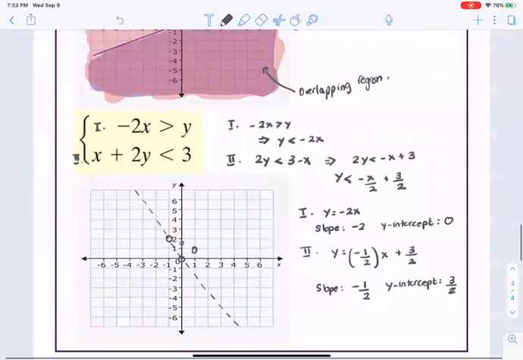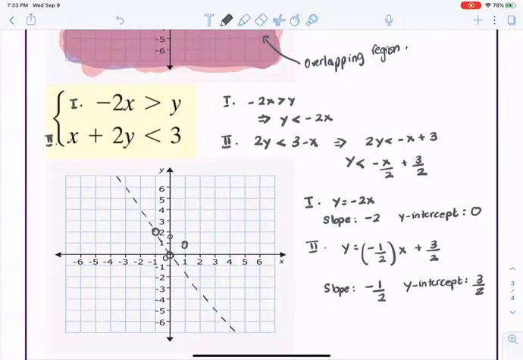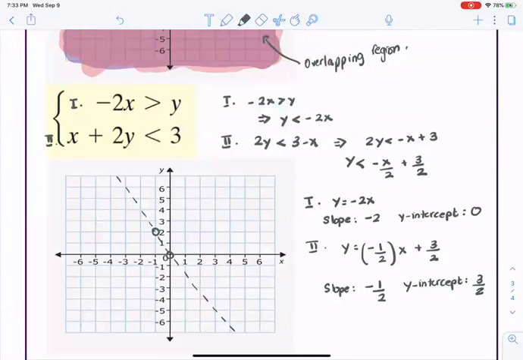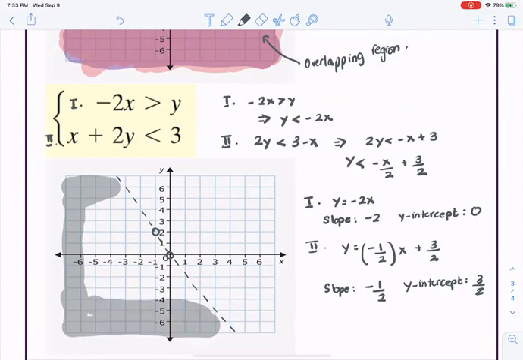The first inequality states it's y less than negative 2x. So I'm going to erase this and come back to it. So I'm going to shade everything below. But nothing on that line, keep that in mind.